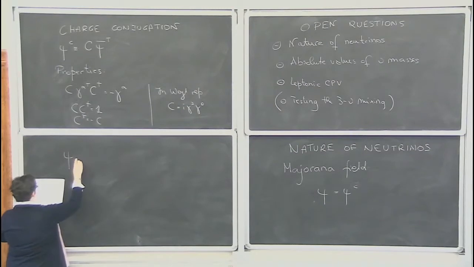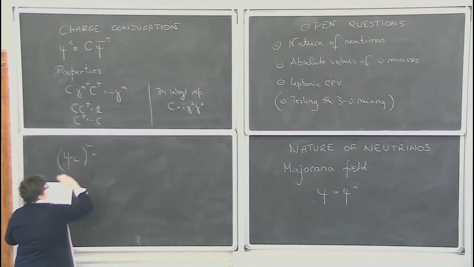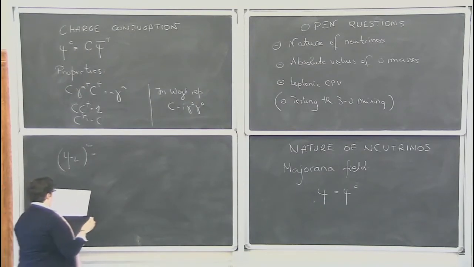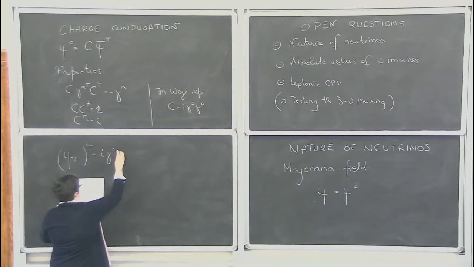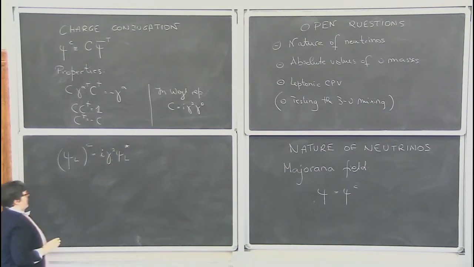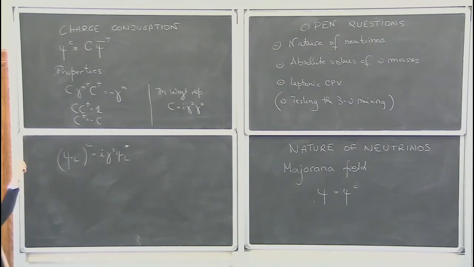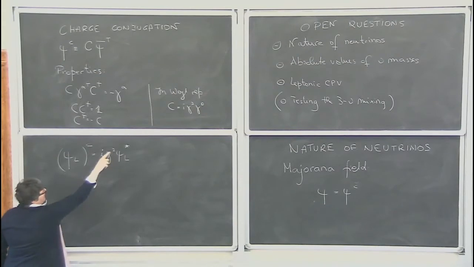If I take the C of psi left, this will be i gamma 2 psi left star, because the psi bar transpose contains a gamma 0 that I'm cancelling with that gamma 0 there.